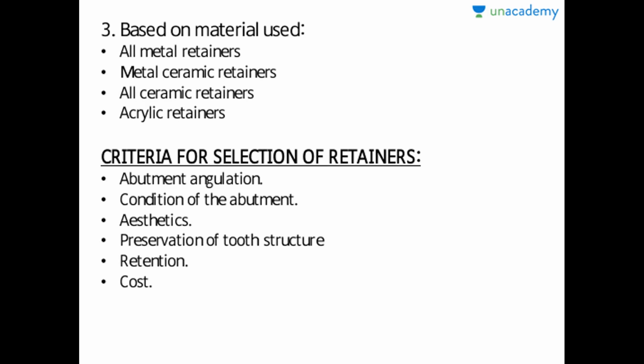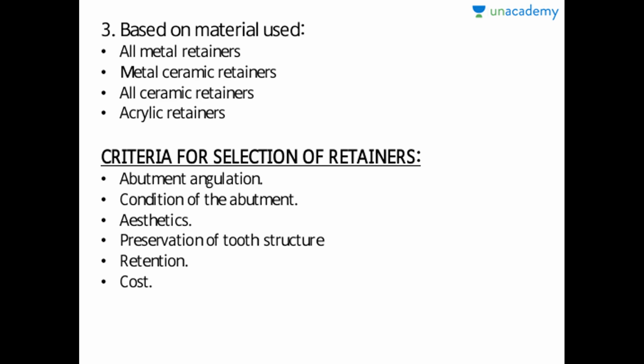Now we are going to classify them more on the basis of material used. They can be all metal retainers, either partial or full coverage. They possess good strength and require minimal tooth preparation, as 1 mm of the metal crown is required for preparation. Then come metal ceramic retainers. They are the most commonly used.